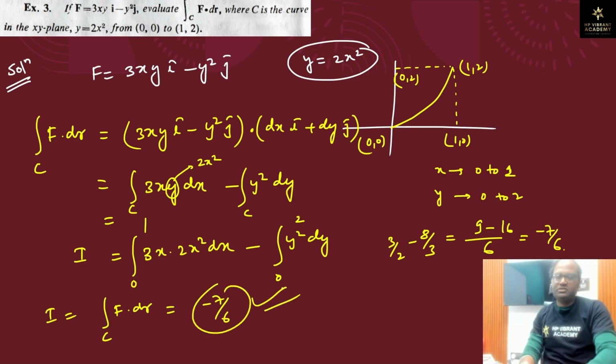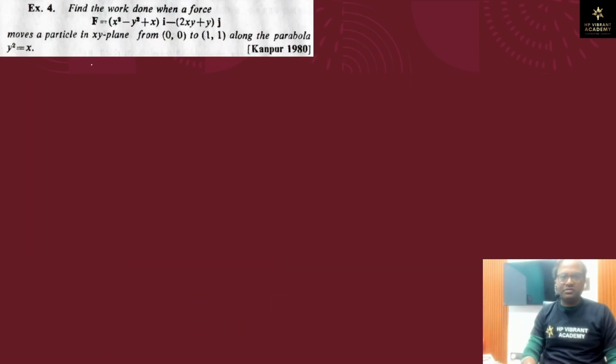Okay, so now let us discuss question number 4, how we can solve this. Find the work done when a force moves a particle in xy plane from 0 comma 0 to 1 comma 1 along a parabola y square is equal to x. Okay, how we can solve this?